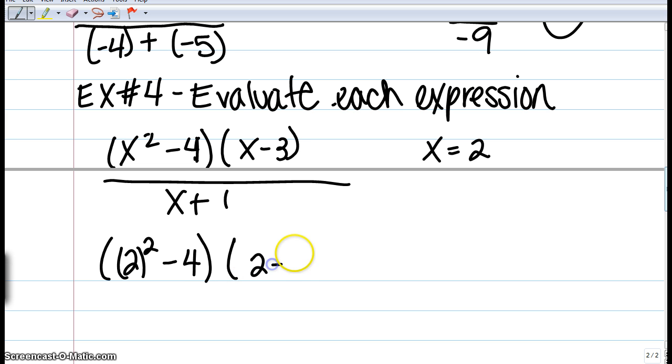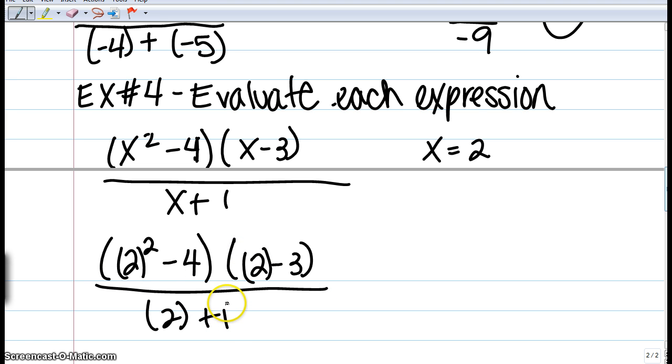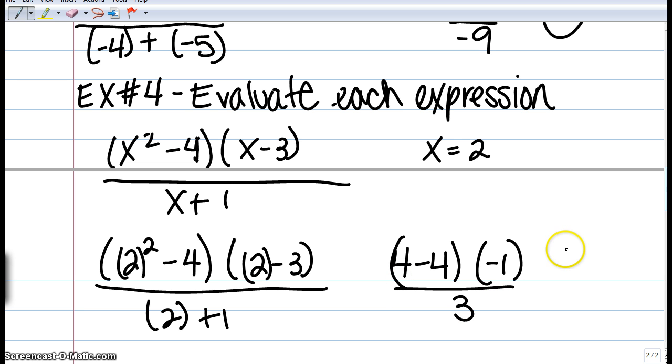So 2 minus 3 and 2 plus 1. So 2 squared is 4 minus 4. 2 minus 3 is negative 1. 2 plus 1 is 3. So we know that 4 minus 4 is 0. So we have 0 divided by 3.